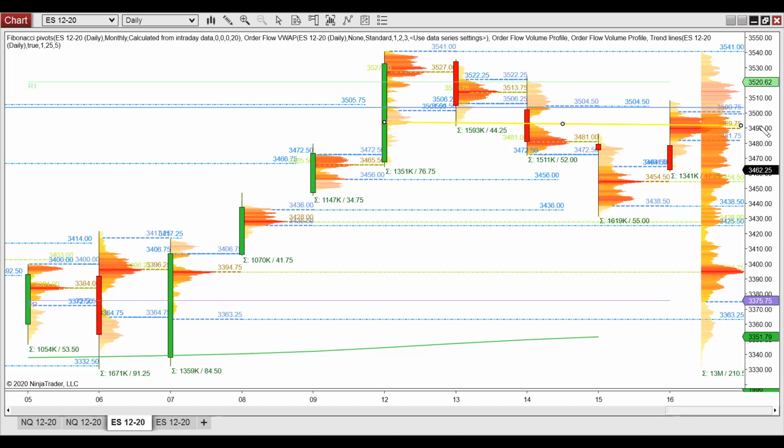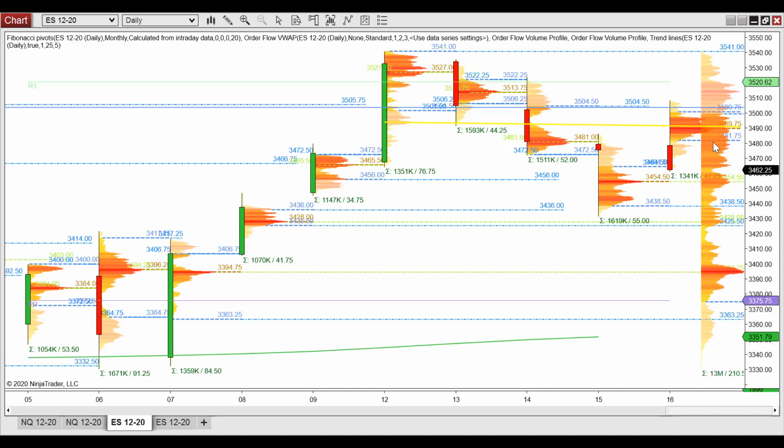That could be another stopping point as well, because it's connected, 3389, close to the low with the volume and with the halfway. Normally they either stop there or they continue to go down to here.